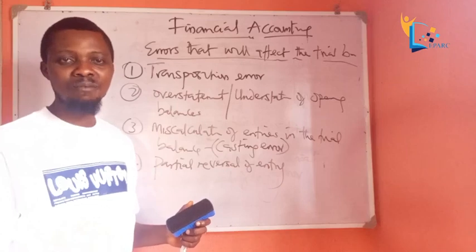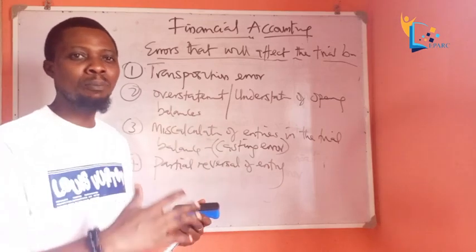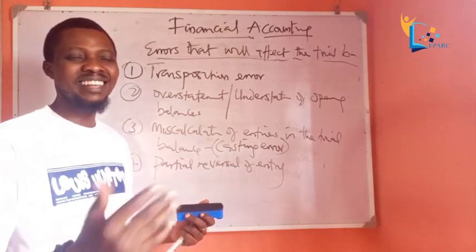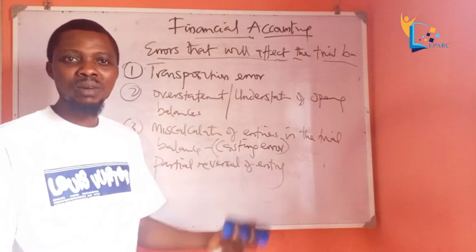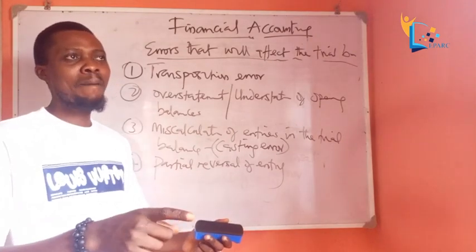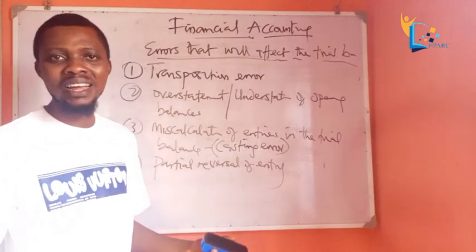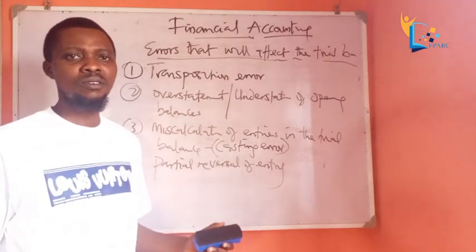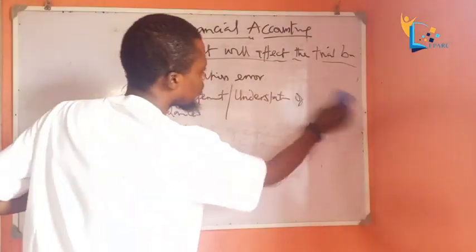It's not standard, it's not well outlined, because it can happen at any time. It can take any form. It can be overstatement, it can be wrong posting, maybe from the trial balance or somewhere. So that's that. Then let's continue.